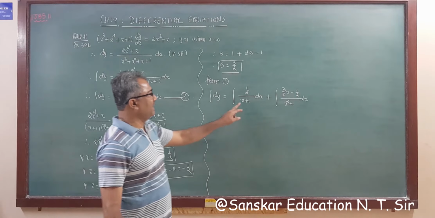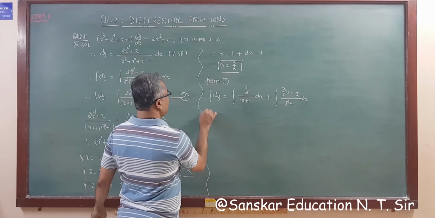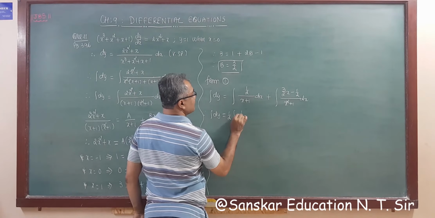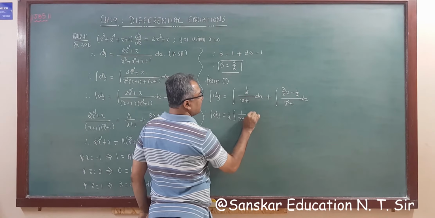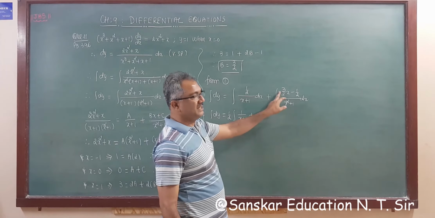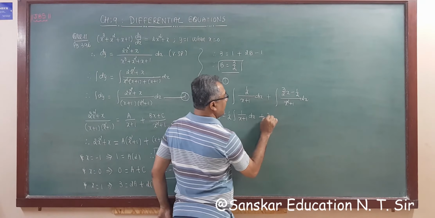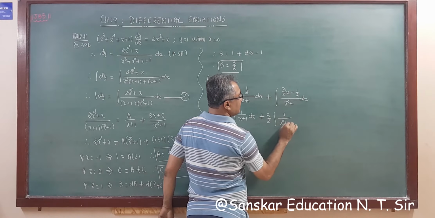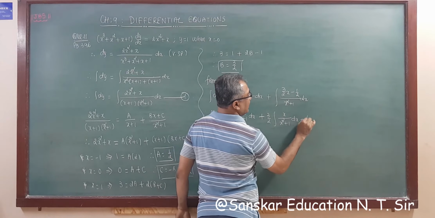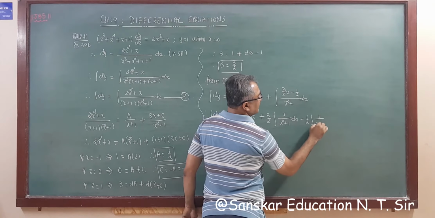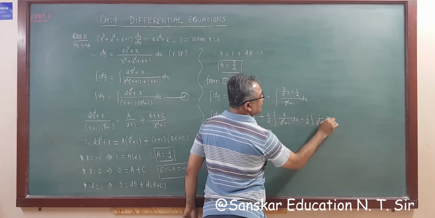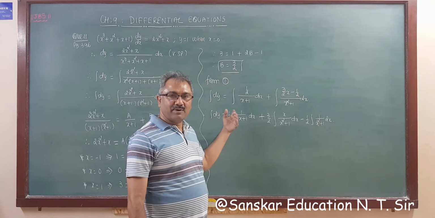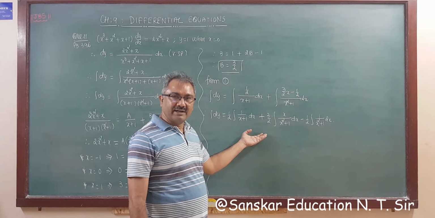Now bifurcating this, integration dy is equal to half integration 1 upon x plus 1 dx, plus 3 by 2 integration x upon x² + 1 dx, minus 1 upon 2 integration 1 upon x² + 1 dx. No need to explain more because you learn this type of questions in indefinite integration.